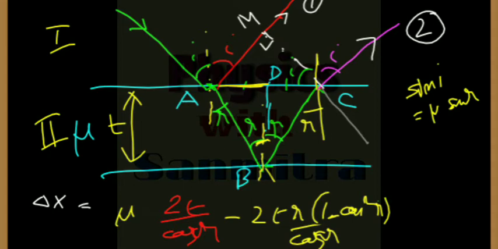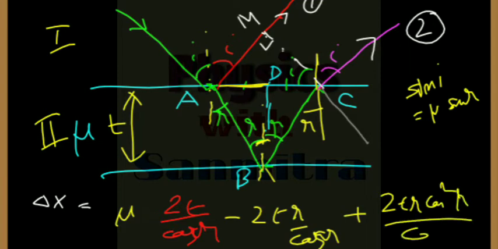And now this part I can write as 2 mu t into 1 minus cos square r, and I can separate this part. 2 mu t by cos r, minus and minus will become plus 2 mu t cos square r divided by cos r.